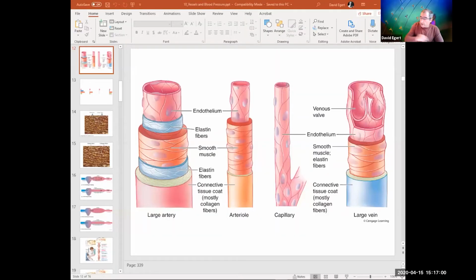So we looked at arteries and veins, and there are a lot of similarities. They always have this lining, the endothelium, which makes up the inside of a blood vessel.